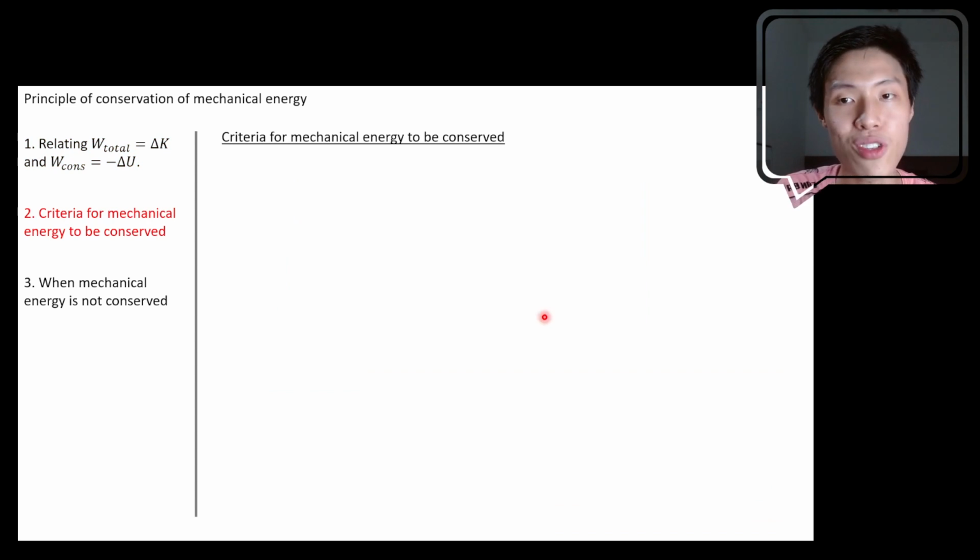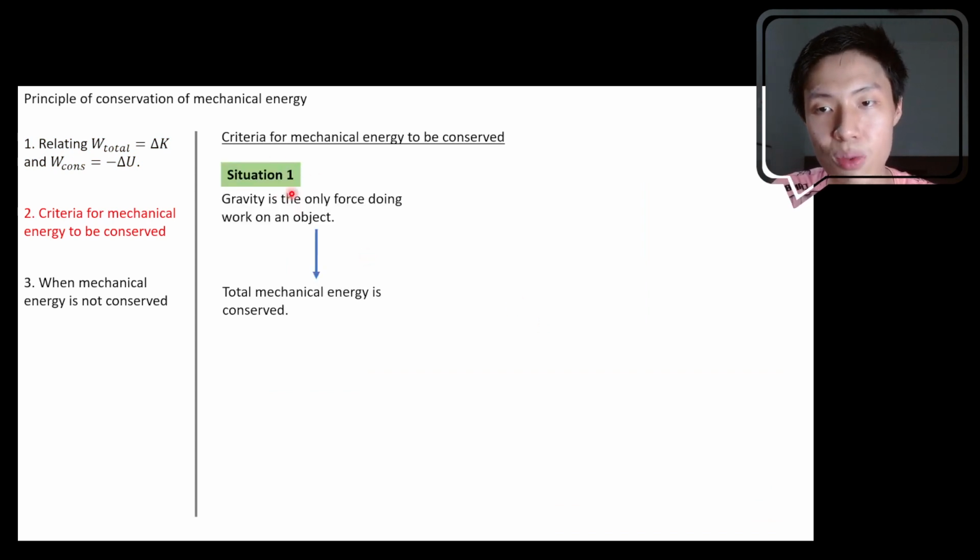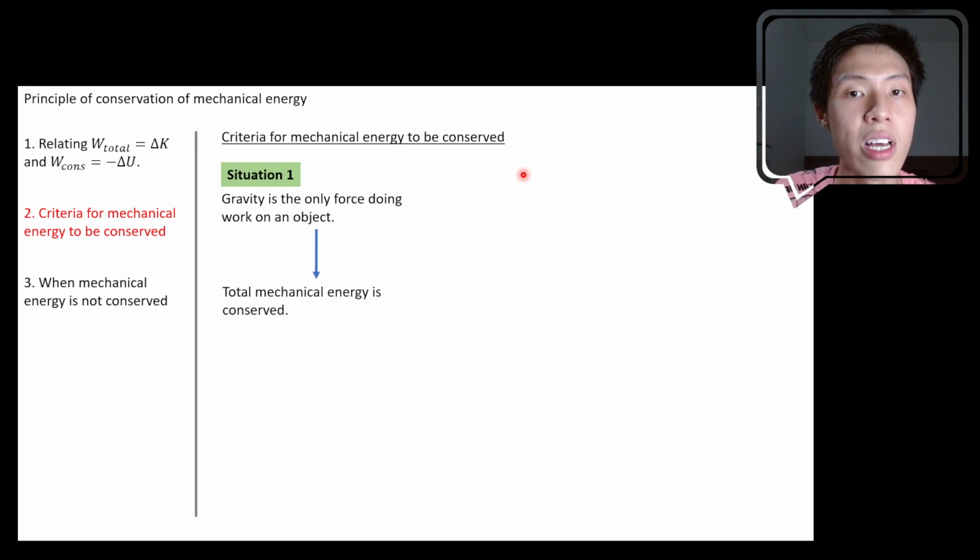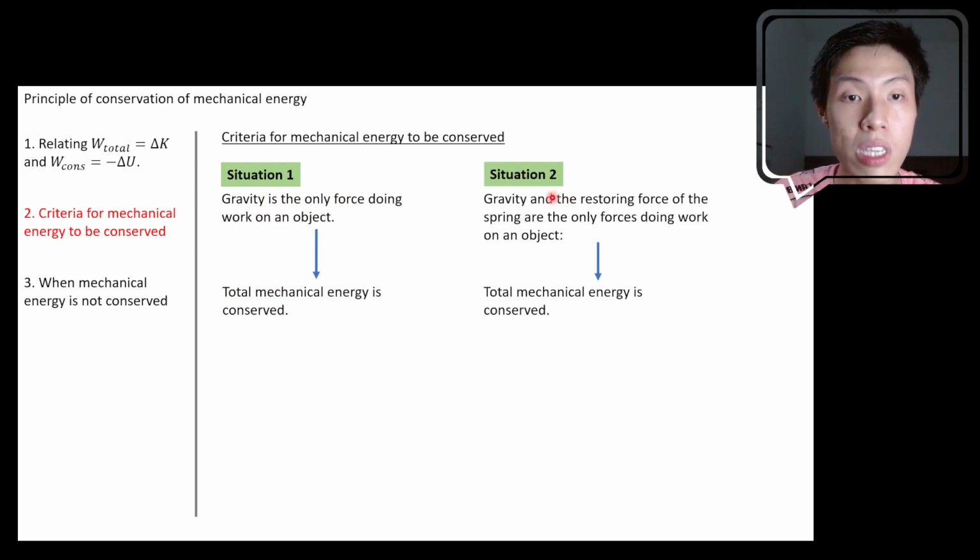The pattern that I'm trying to lead you to is, in situation 1, we have a conservative force being the only force doing work on an object, and we see that the total mechanical energy is conserved. In situation 2, we have multiple forces doing work on an object, but that work is all done by conservative forces. As long as all the forces doing work are conservative forces, the total mechanical energy is conserved.